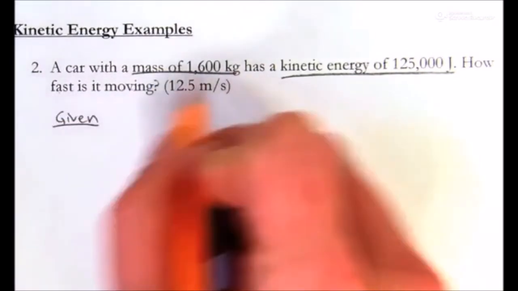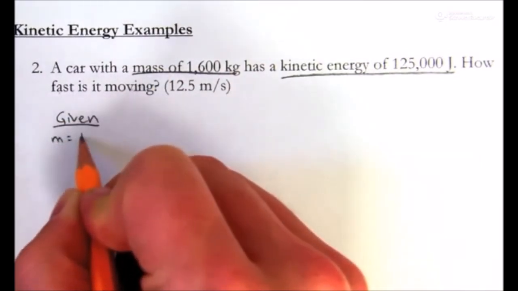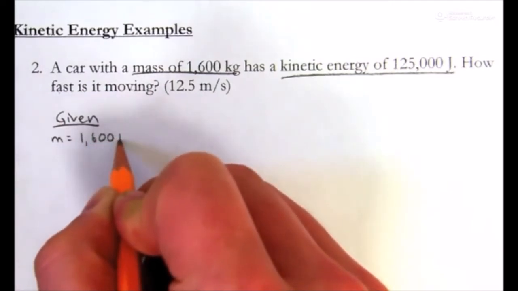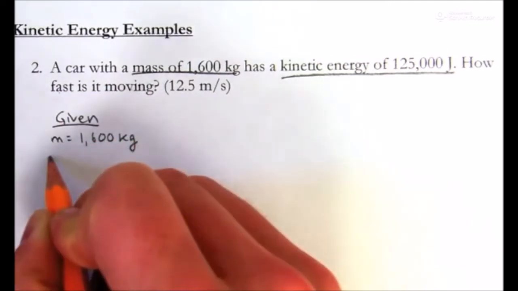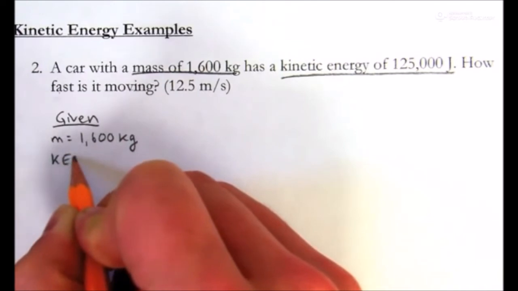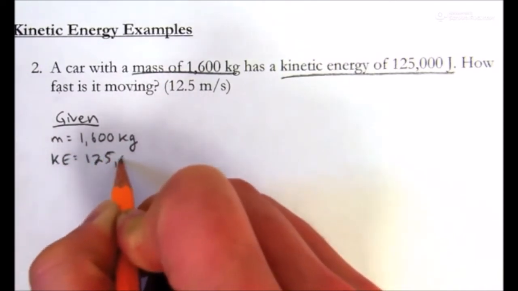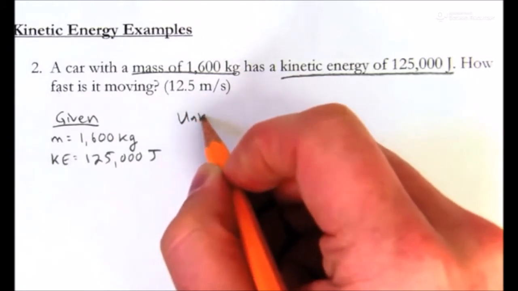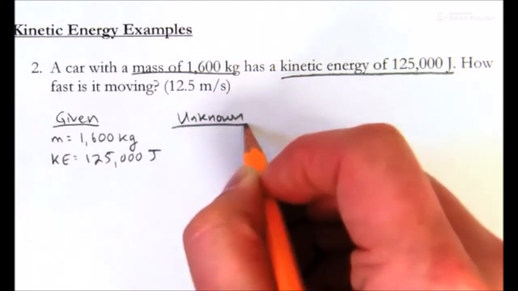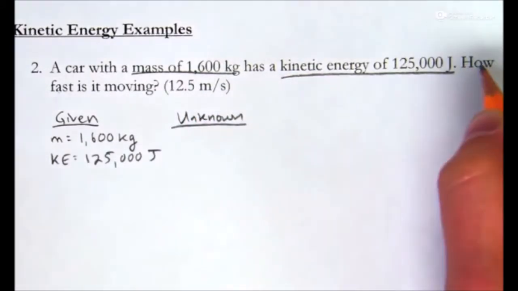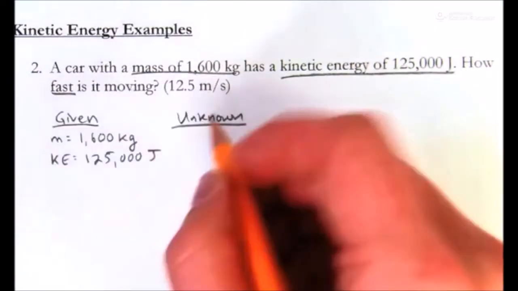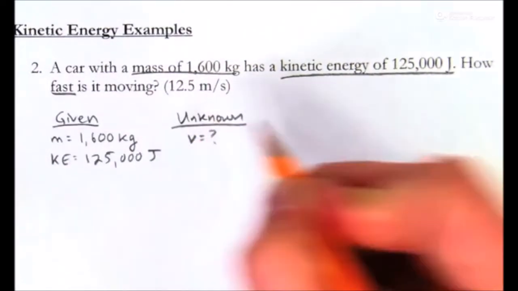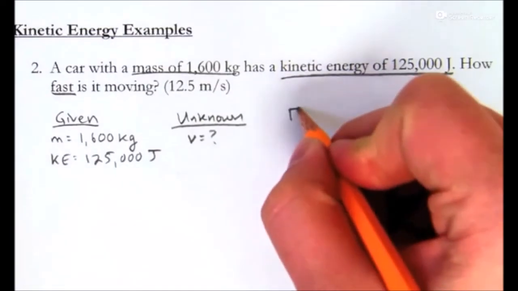So here given is mass, 1600 kg. Kinetic energy is also given, 125,000 joules. Now what is the unknown term here? They are asking how fast it is moving. That means they are asking us the velocity of the car.